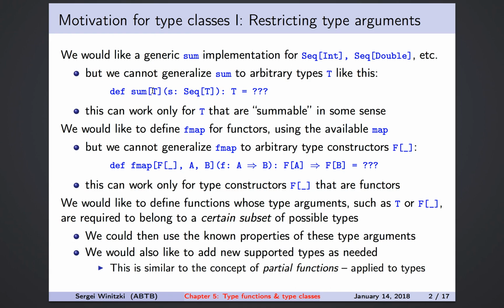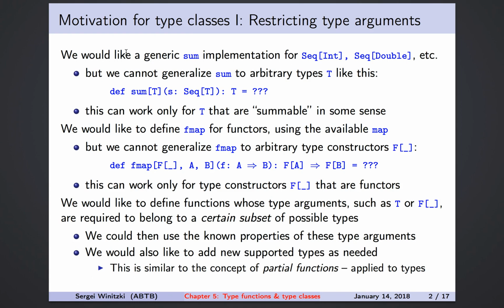Just like here, there's no way for us to get the addition operation, the sum or plus or something, for the type t. And just like in that case, the fmap could work only for certain type constructors f, namely for those that are functors.